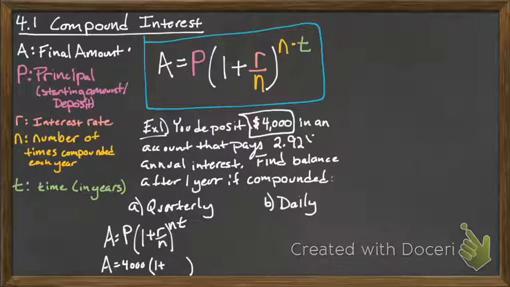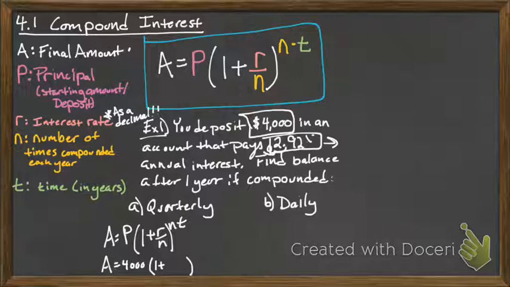Now my interest rate is this percentage. One thing that I should note here, and let's write it over here: you always want to write your interest rate as a decimal, not as a percent. So I'm going to have to convert this percent into a decimal, and that's simply done by dividing by 100 or just moving the decimal place over twice.